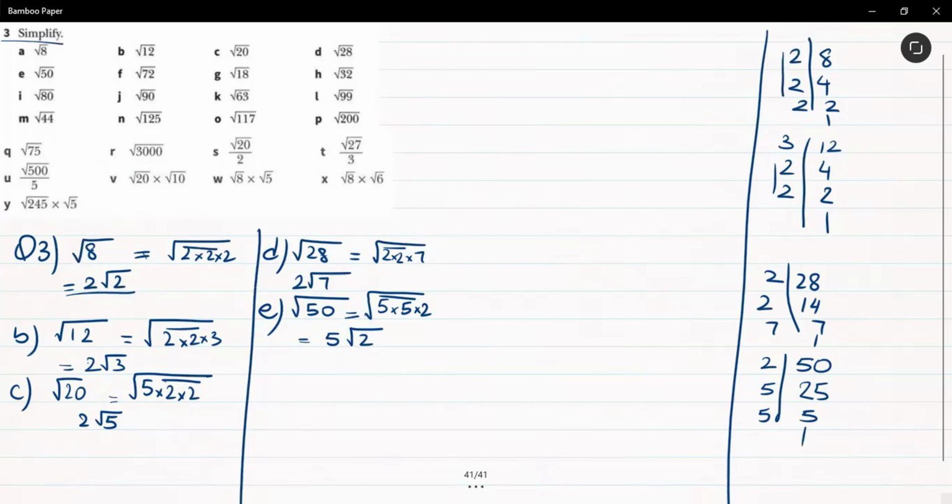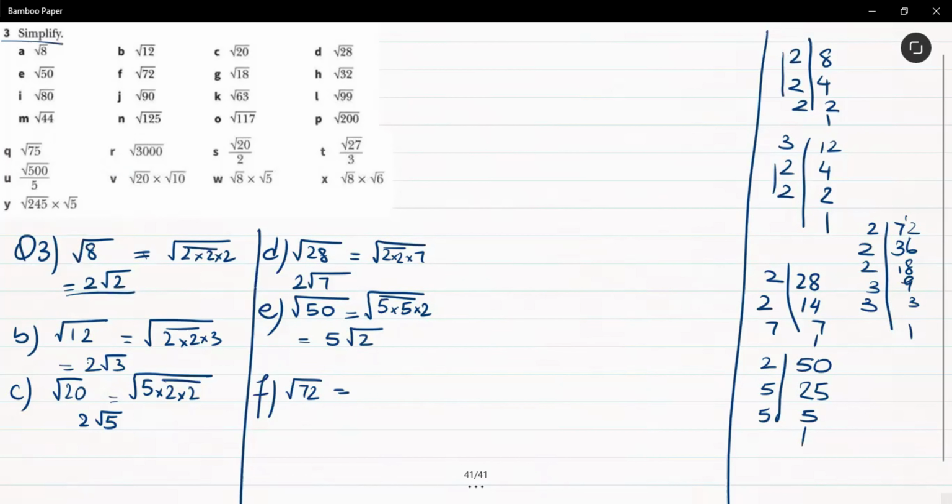For part F, we're going to get under root of 72. Okay, so what is under root of 72? Let me just solve it here. 2 thirty-sixes are 72, 2 eighteens are 36, 2 nines are 18, 3 threes are 9, 3 ones are 3.